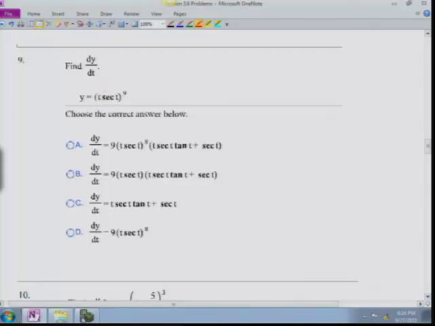It's a power, so if we had 9, and there's those t's that we hate, secant t to the 8 times the derivative of t secant t, which is a product.